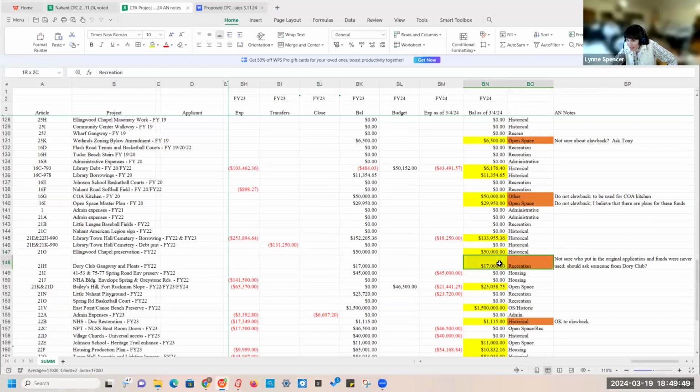We are next on this, we are still holding $17,000 for the Doric Club gangway and floats. Now, I know the Doric Club put in money on this? Does anyone know anything about this? Well, the new gangway is installed.